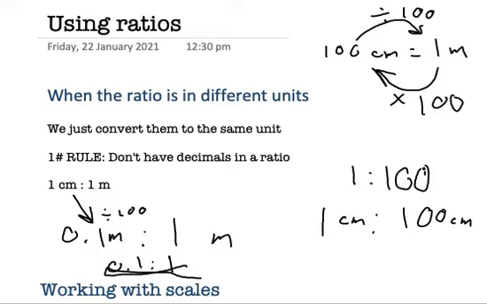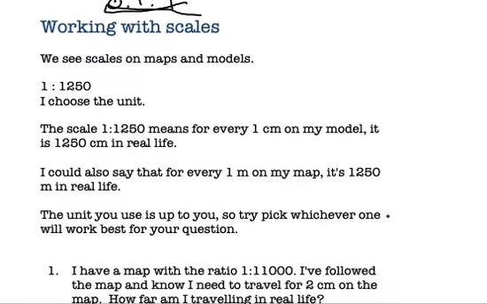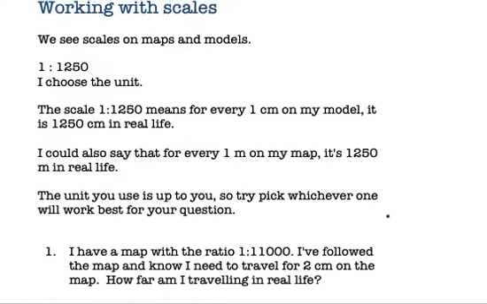And I'm happy. Okay, the next thing I'm going to show you is how to work with a scale. Okay, so we can see scales sometimes when we're looking at, say, models. We're building like a model plane or a model boat. Or maybe when we're looking at maps. Okay, so something you might see on a scale is like 1 to 1,250. There's no units here.